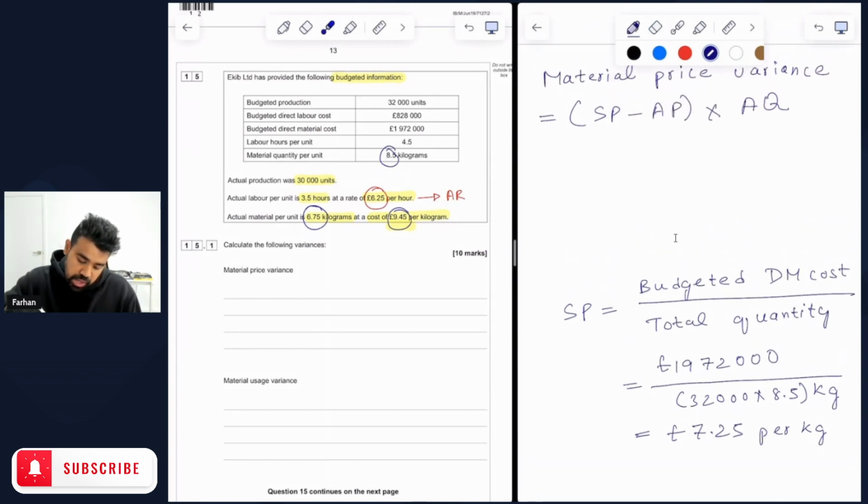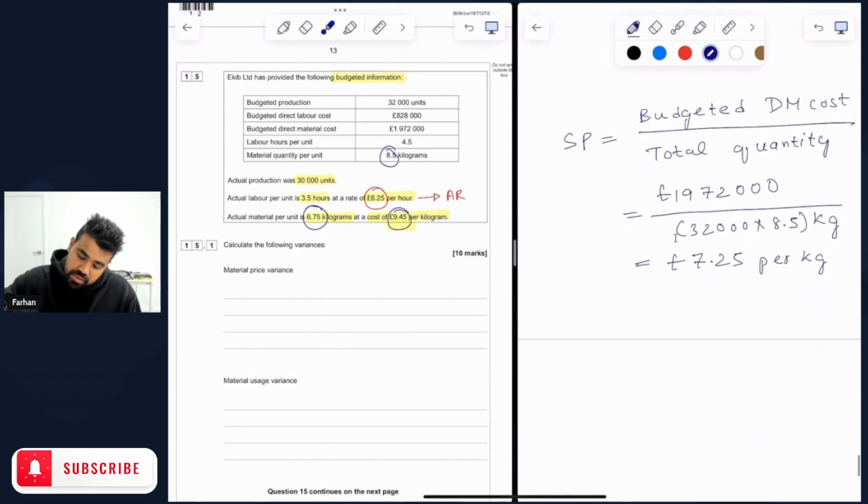What is the actual price? So if you read the last line of the question, it says the actual materials required was 6.75 kilograms per unit, and the cost was 9.45 pounds per kilogram. So this is what we refer to as the actual price.